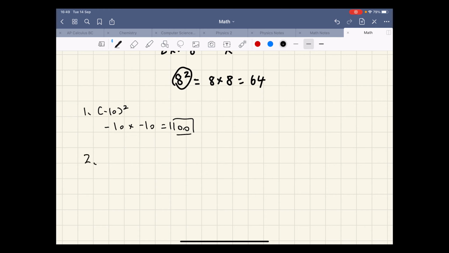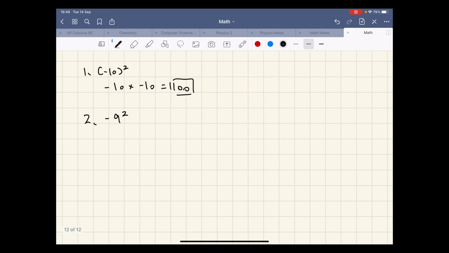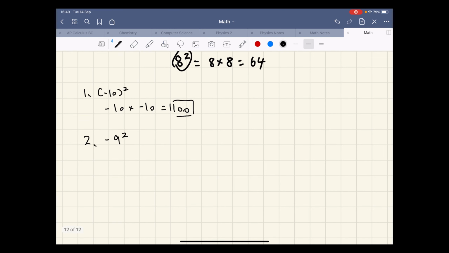Number 2, negative 9 to the power of 2, or negative 9 squared. However, notice here, you have to be careful that there's no parenthesis around negative 9. So the negative does not multiply twice, but the 9 multiplies twice. So you can write negative, parenthesis, 9 times 9, equals negative 81.